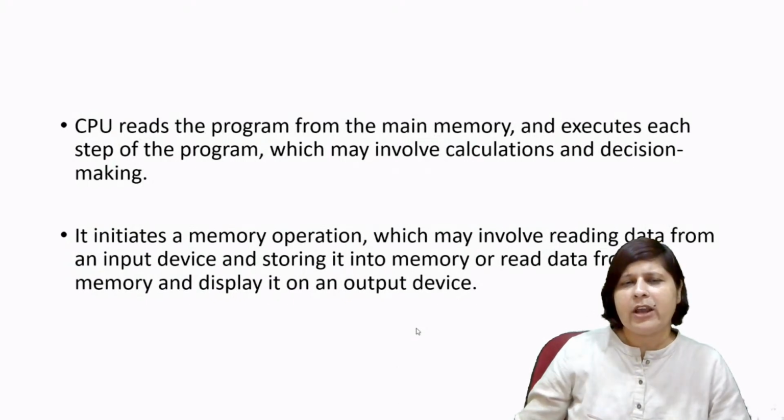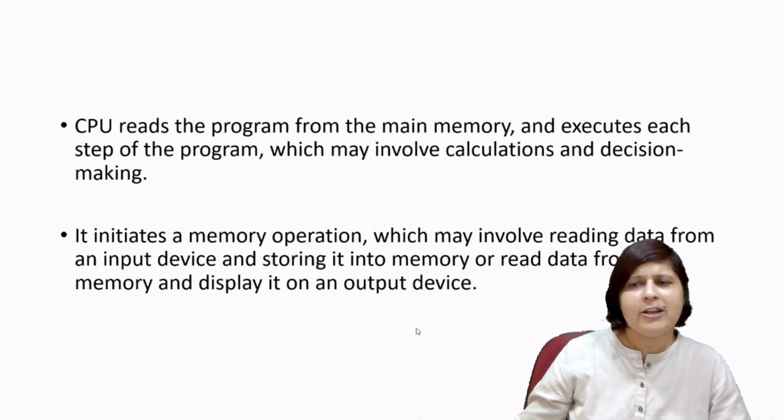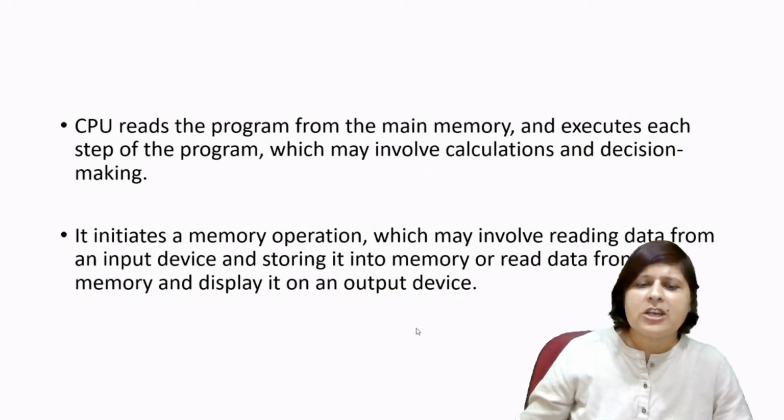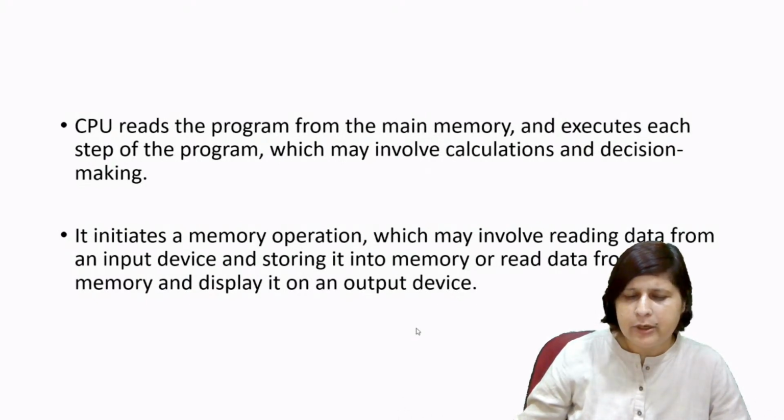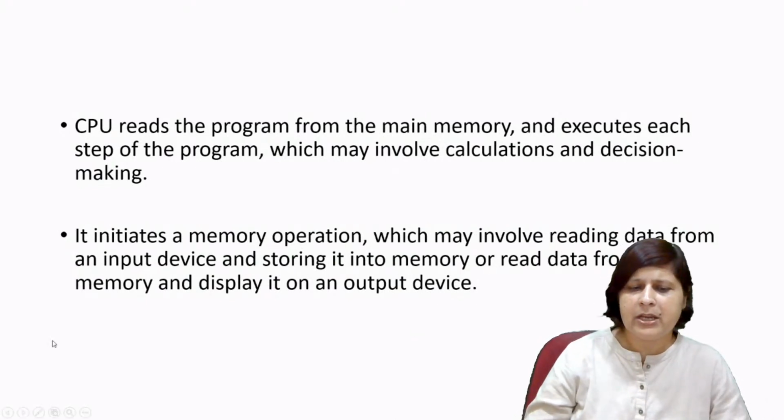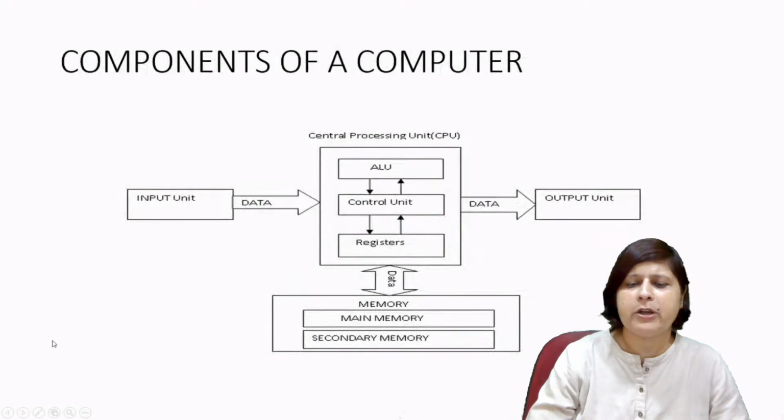The CPU reads the program from the main memory and executes each step of the program, which may involve calculation and decision making. It initiates a memory operation, which may involve reading data from the input devices, storing it into the memory, and reading data from memory and displaying it to the output devices.